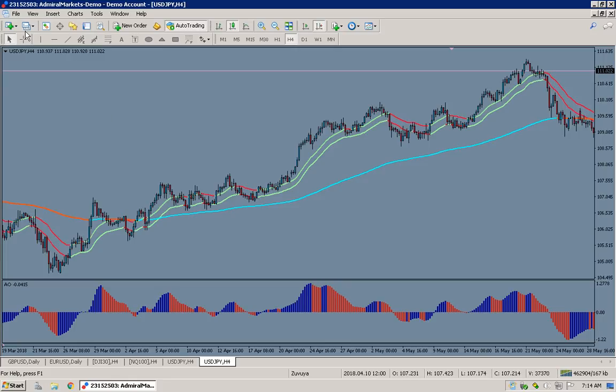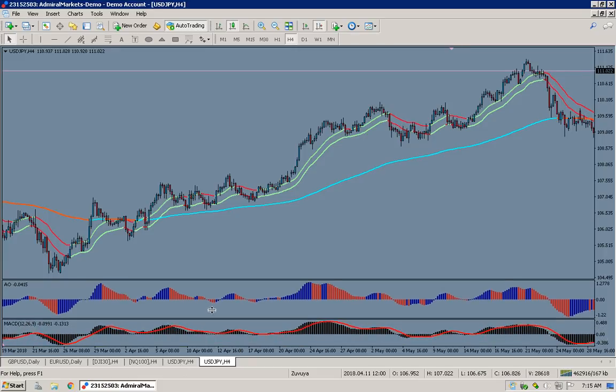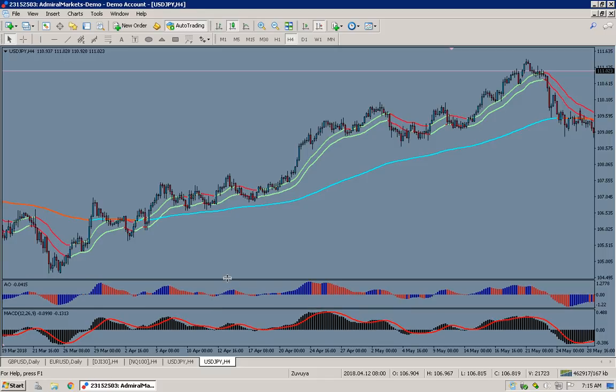I'm also using that in connection with divergence and strength momentum readings of the awesome oscillator. I just wanted to give you how I do it myself, for your own reference, and we can talk about this at the end if we've got time.